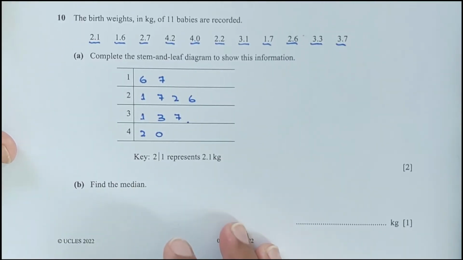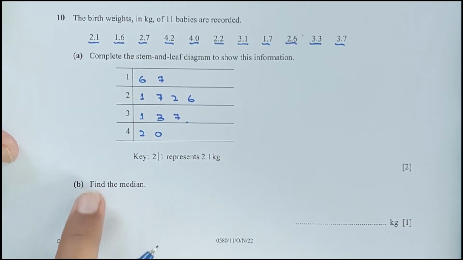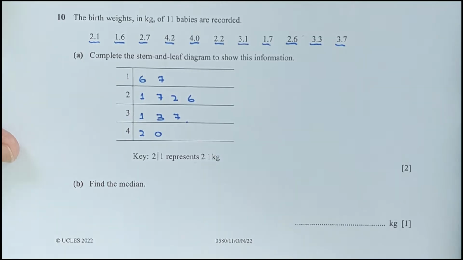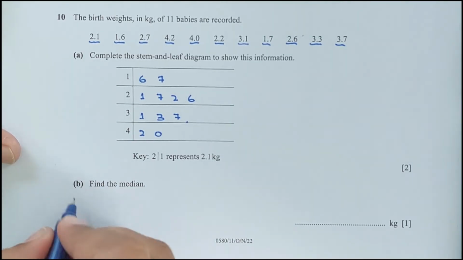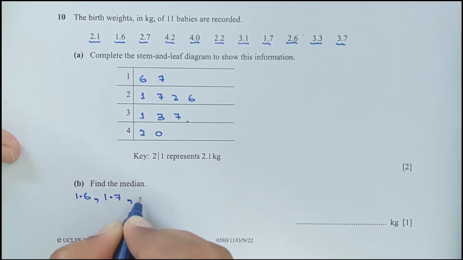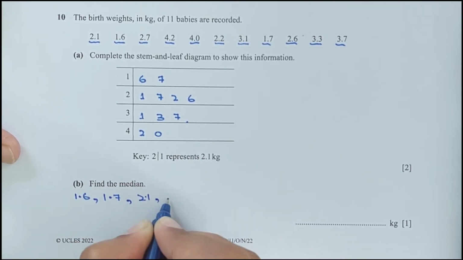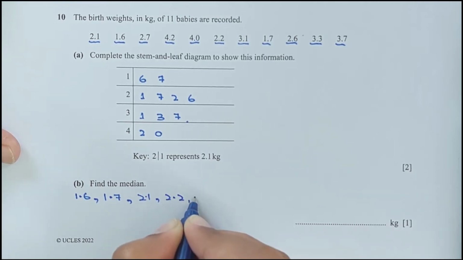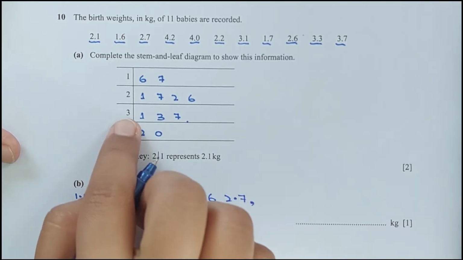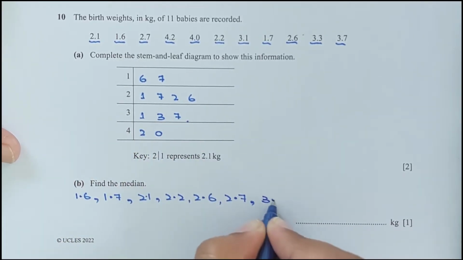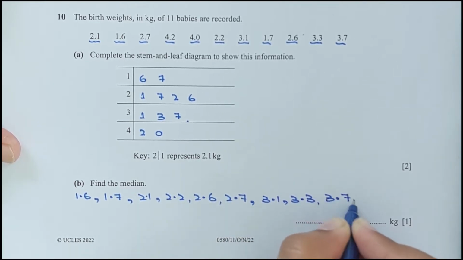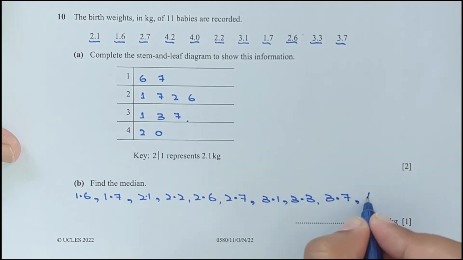All right. Okay, the next one is part B. Find the median. Median is the middle value. But first we need to arrange the values, right? So the first value is 1.6, 1.7, 2.1, 2.2, 2.6, 2.7, and then 3.1, 3.3, 3.7, 4.0 and 4.2.